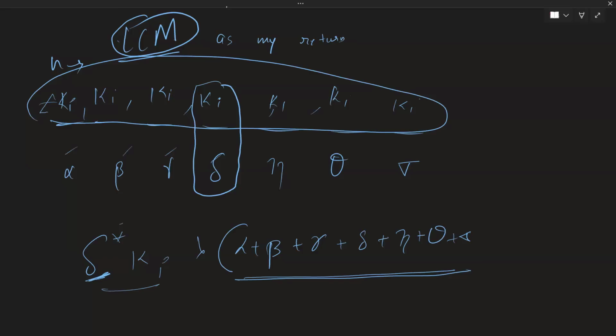Coins as in KIs, yes, KIs, I'm sorry. If the LCM of these multipliers is less than the sum of these multipliers, my answer is never possible. If you're able to prove this, then the problem is solved. Why?